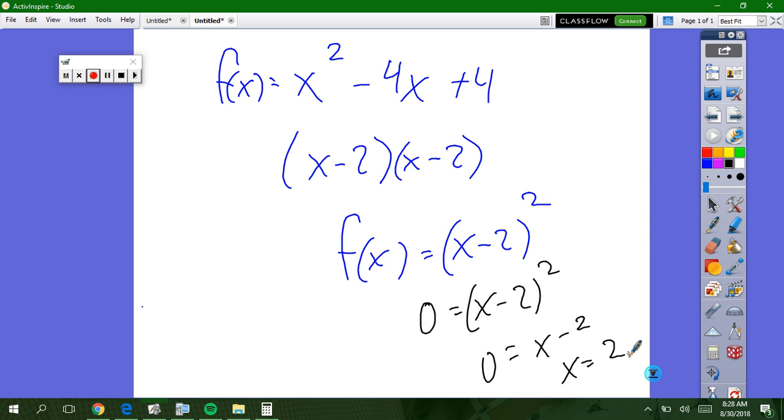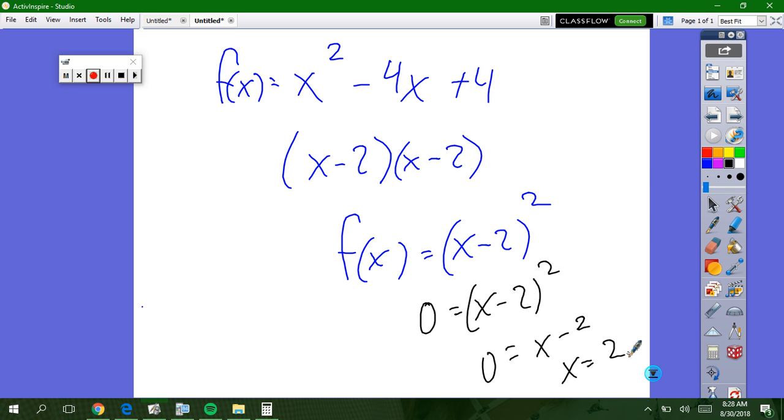I only have 1 zero, but how many zeros should I have if it's x squared? 2, and it technically does. Remember, it has the same zero twice, correct? We call that a multiplicity. If you're using the same zero multiple times, that is a multiplicity. And we can tell that by the degree or the power on that zero. That tells us I'm using this zero twice. It's x minus 2 times x minus 2. Does that make sense? Any questions there?